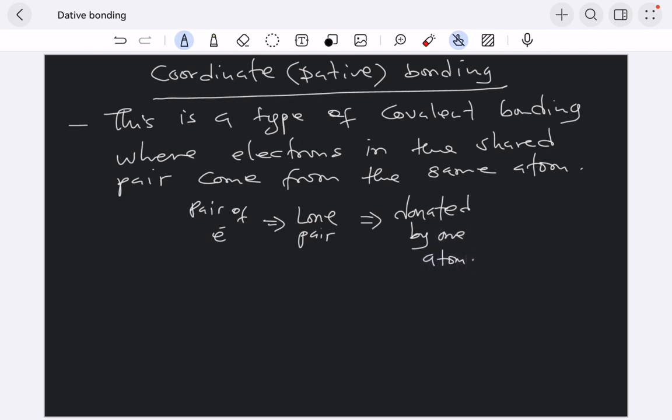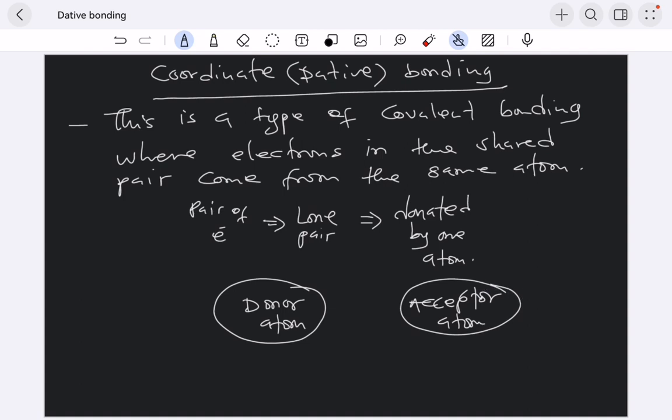So in this type of bonding, we have a donor atom and we have an acceptor atom.